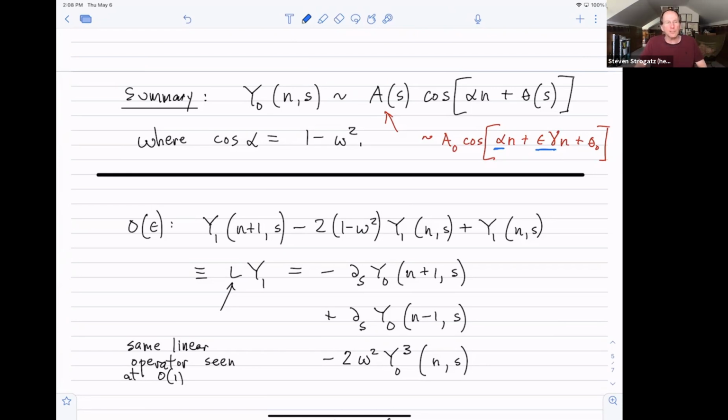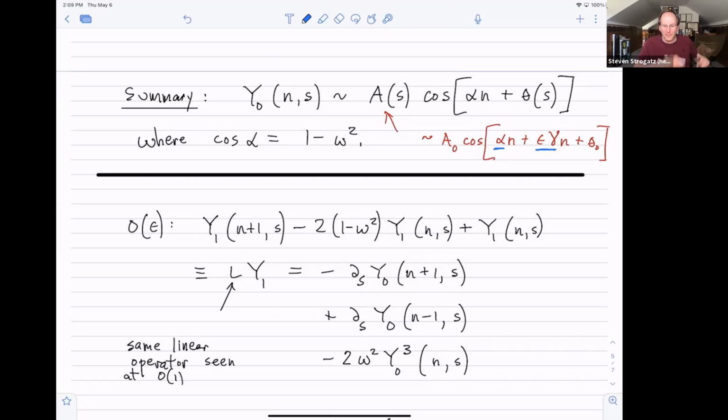I don't know if you see the distinction I'm trying to make. So the solution we have here is just order 1 and not order epsilon, even though it has epsilon in it. Right. You could check that. If you do it numerically and subtract the full solution from this approximation, I think we would find that the error is order epsilon.